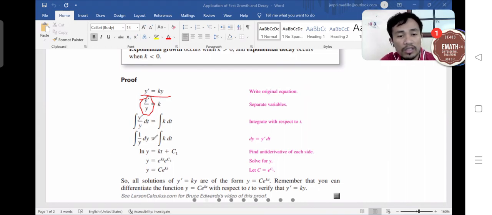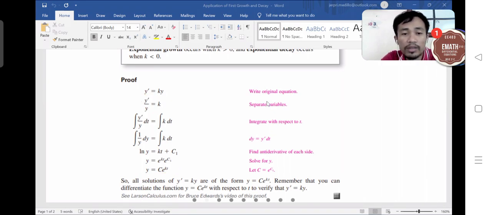By integrating, the result is y equals c e to the power of kt. So that is the formula. Understanding the formula is easy for you, but in application problems, you need to memorize the formula.